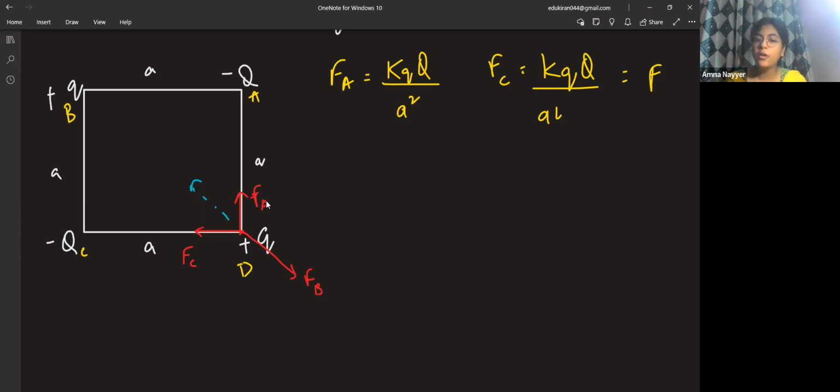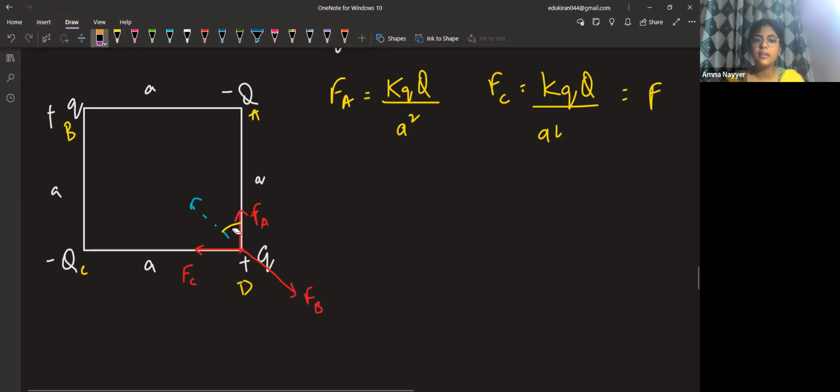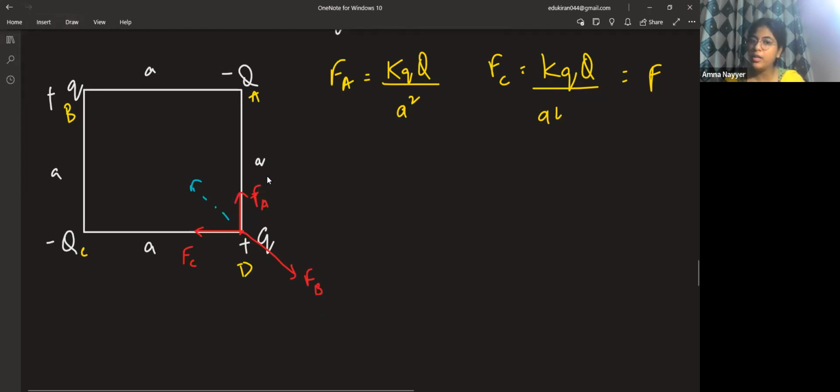So what is the angle formed between FA and FC, what is the theta value that you will take? In the parallelogram law, we have the square root of a square plus b square plus 2ab cos theta. Right now you have two forces: this is one force, FA, and this is another force, FC.